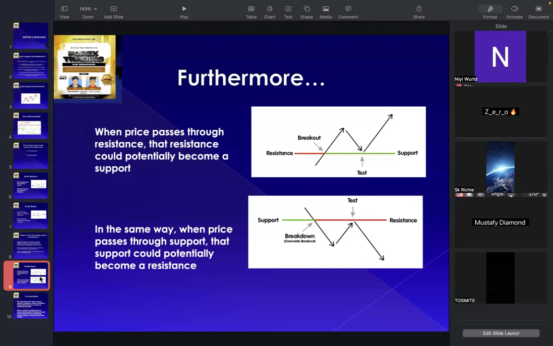So what this is telling us is that once the resistance level gets broken, the market is expected to retest it, to come back to it and make it a support level, which means a high level before is now becoming a low level. Just like the range I used from 1 to 100. Let's say our support is 1 and our resistance is 100.